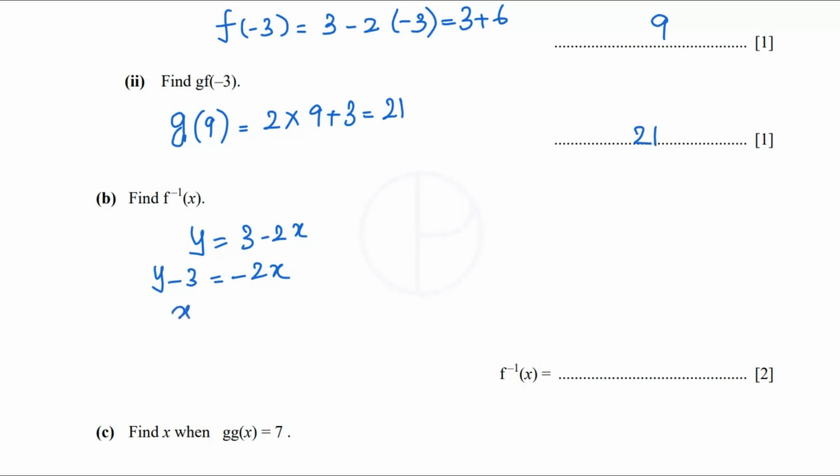So we get x equal to y minus 3 divided by minus 2. This can be written by multiplying the numerator and denominator by negative 1. We get 3 minus y divided by 2. So f inverse of x is, now replace the y by x. So we get 3 minus x divided by 2.